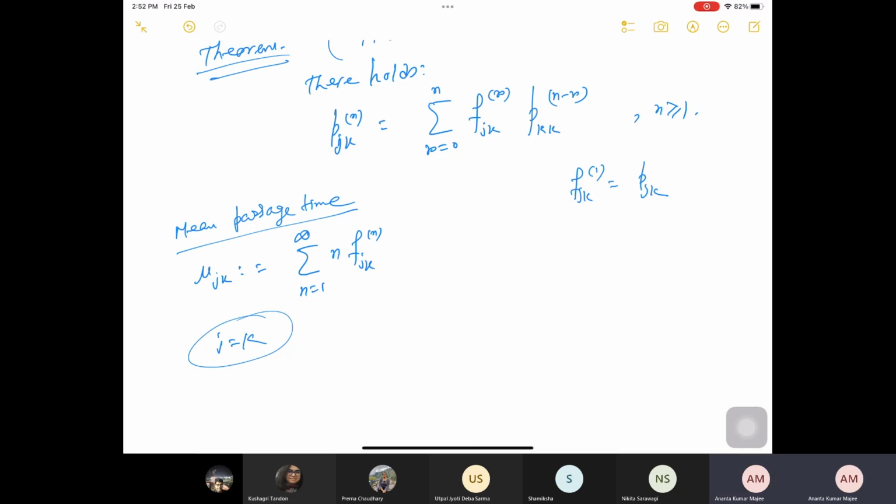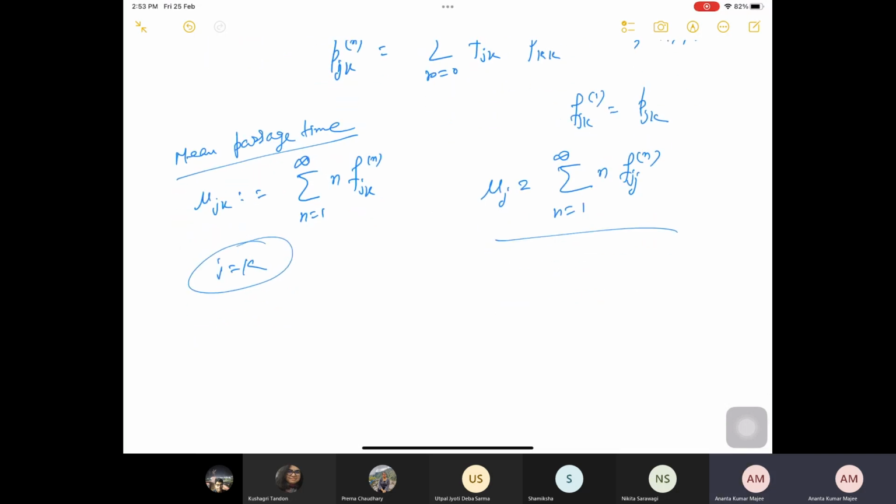Okay. So for j equal to k, I have to write mu_jj, but for short notation I put mu_j. So mu_j is nothing but the summation over n equal to 1 to infinity of n times f_jj(n). Okay, so this mu_j, as I told you, is the expected return time of the chain to state j.